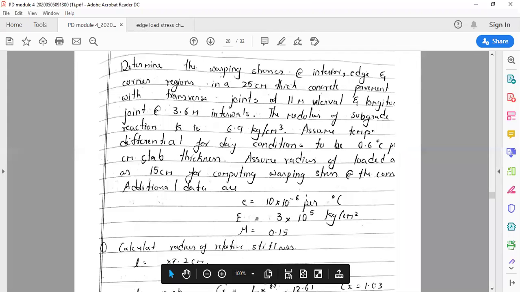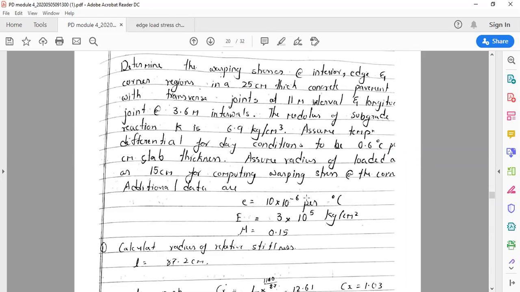We shall solve a problem on warping stresses. Determine the warping stresses at interior, edge, and corner regions in a 25 centimeter thick concrete pavement with transverse joints at 11 meter intervals and longitudinal joints at 3.6 meter intervals.